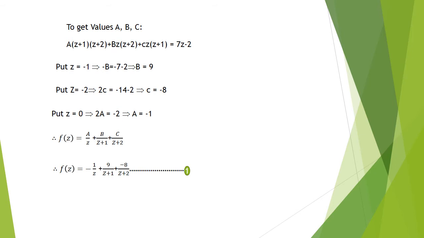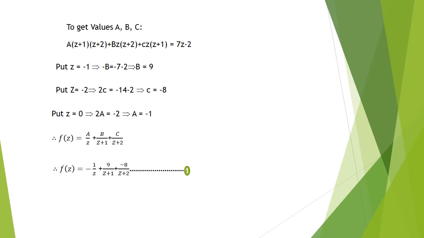That is minus 2 into minus 1, which is 2. So, 2C on the left hand side, and on the right hand side we have 7 into minus 2 is minus 14, minus 2. So, minus 14 minus 2 is minus 16. So, C is equal to minus 16 by 2, which is minus 8.